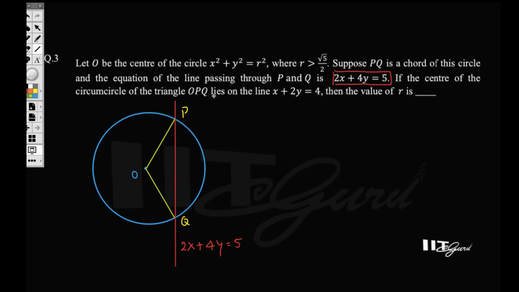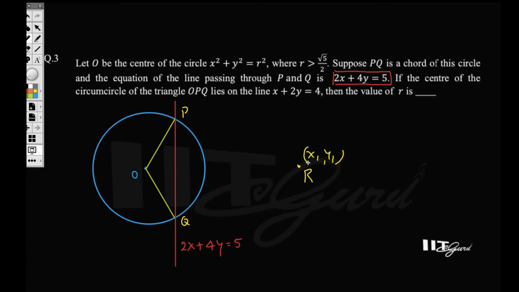So you see here, the circumcenter of the triangle OPQ. If you consider some point R, let's say its coordinates are (x1, y1).